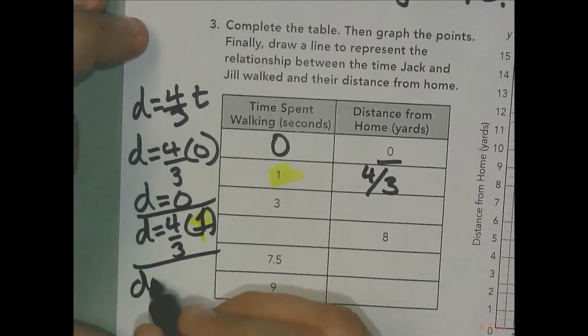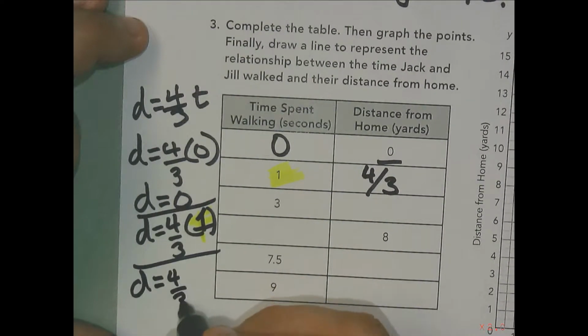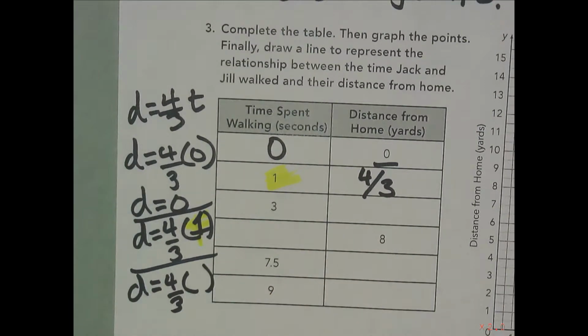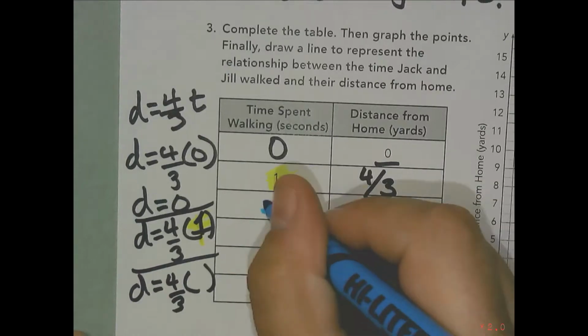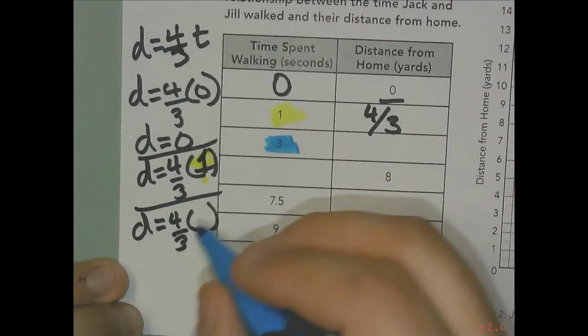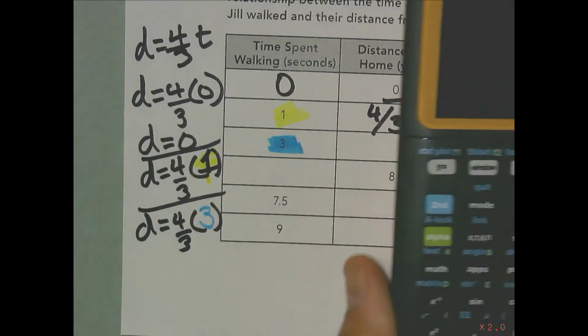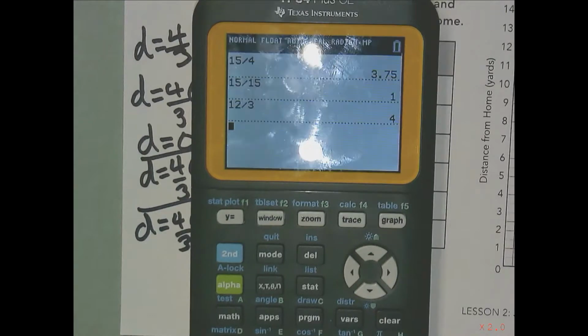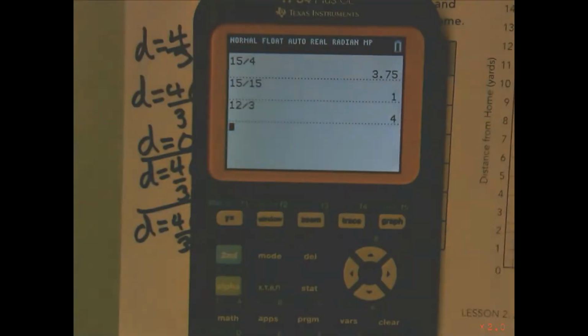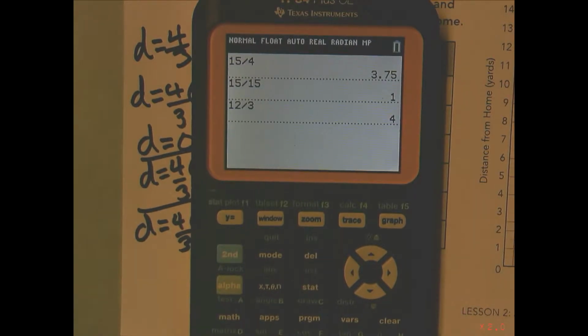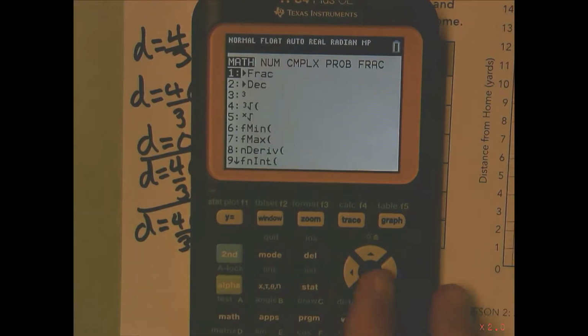Well, I'm going to start with this equation, d equals 4/3 times t, but now I'm going to plug in 3. So right here, I'm going to plug in 3. Now, I can do this on the calculator if I want. So you say, well, Mr. Adams, it's fraction. How do I do fractions on the calculator? Not that hard to do, actually. I'm going to go to math.